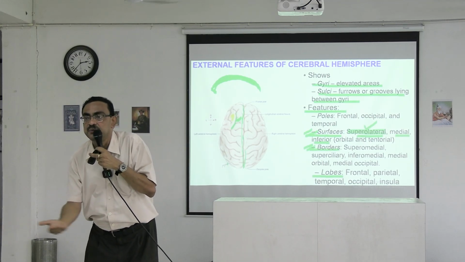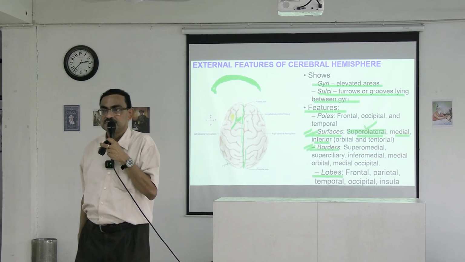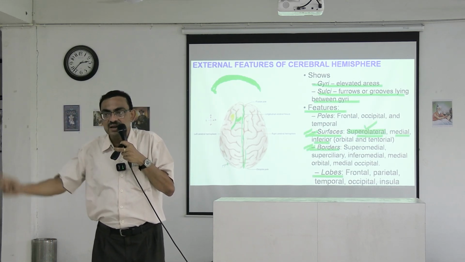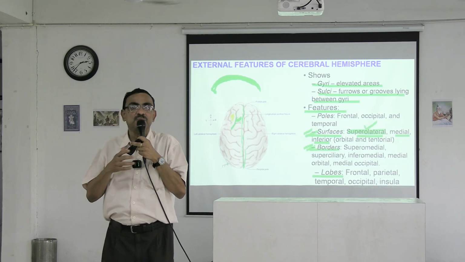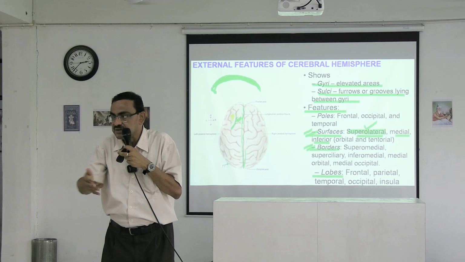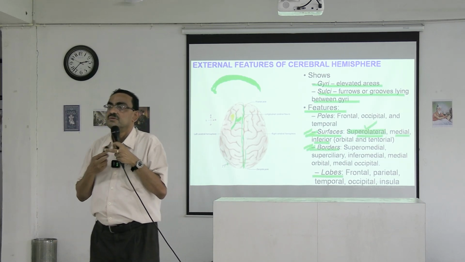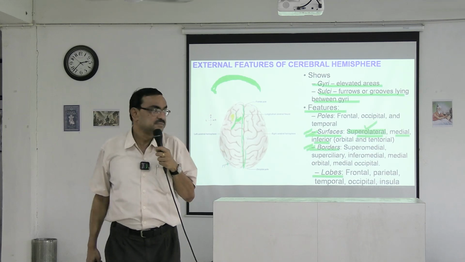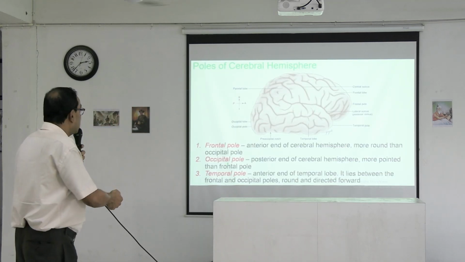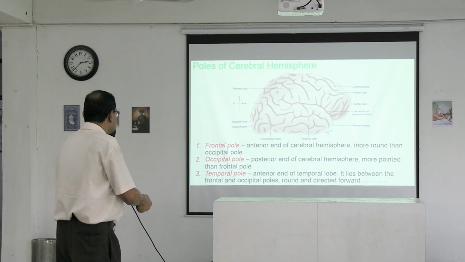And inferiorly we can get another surface, which is called the inferior surface. So, superomedial, inferomedial borders, superolateral surface, medial surface, and in the lower part, the inferior surface.